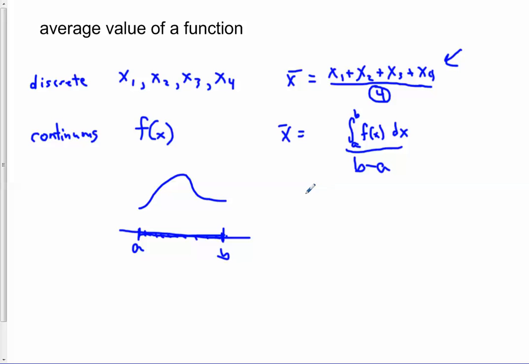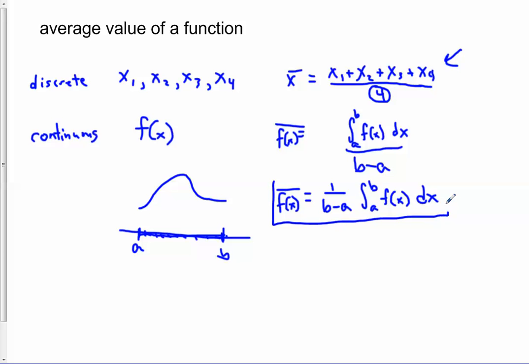More often it would be written like this: 1 over b minus a times the integral. And sorry, I should not write a line over x now. I should write the line over f of x is the average value of f of x. So this is the average value of a function.